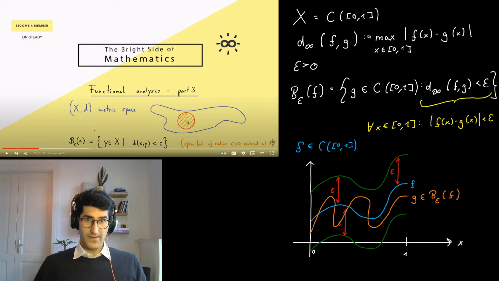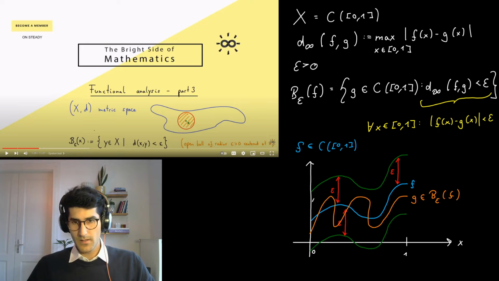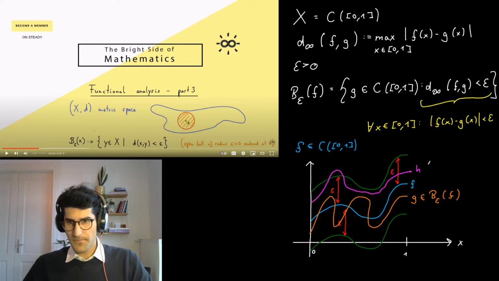On the other hand, if the graph of the function leaves the epsilon tube or merely just touches it, then the function is not an element of the epsilon ball. So let's also draw this case. So assume that the function h leaves the epsilon ball, then h will not be an element of the epsilon ball around f.